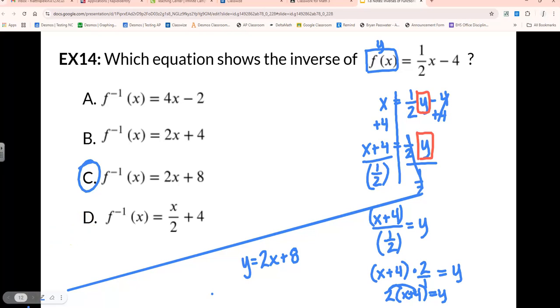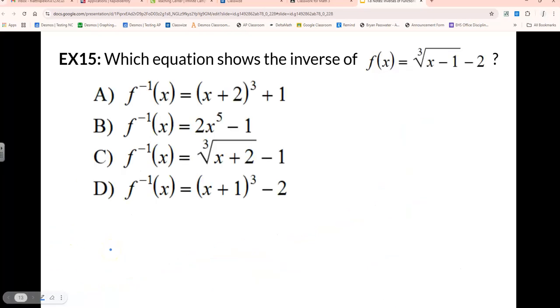Okay, questions? Okay, that was our last. Now, this one, I want you to try this one. Desmos or solving it by hand, either one is fine.